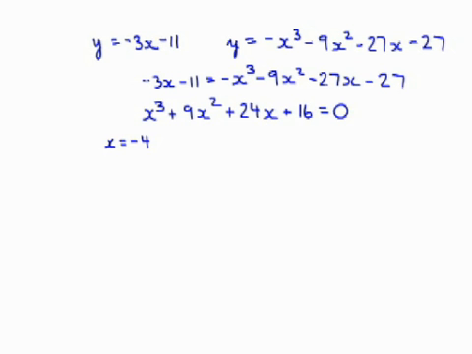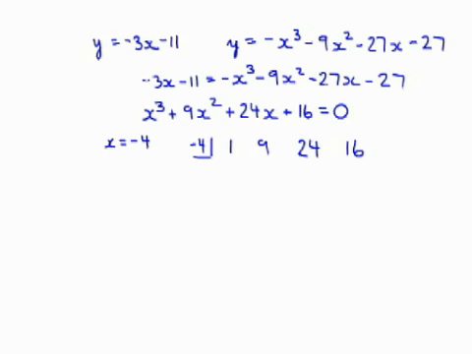Now I'm going to use synthetic division to find out what this cubic expression factors down to. Some of you may choose to do long division. That's up to you. I put my root, -4, up in the corner. I lay out all my coefficients for my cubic, which are 1, 9, 24, and then finally the constant 16.